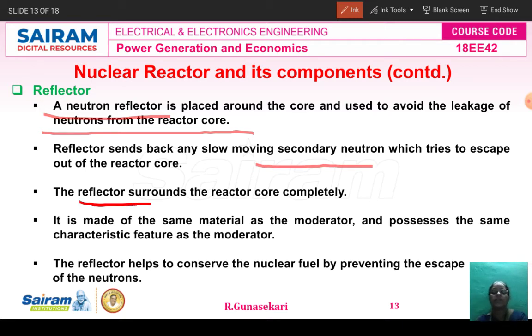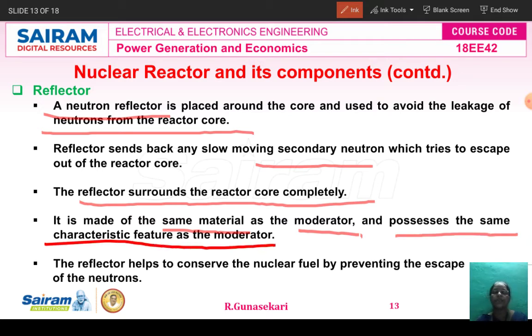The reflector surrounds the reactor core completely. The reflector is made up of the same material as the moderator. The same material is used for making the reflector, and it possesses the same characteristic features as the moderator.